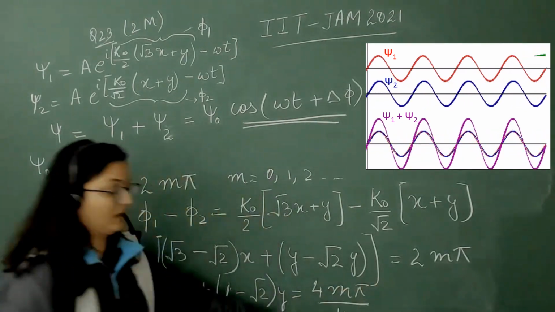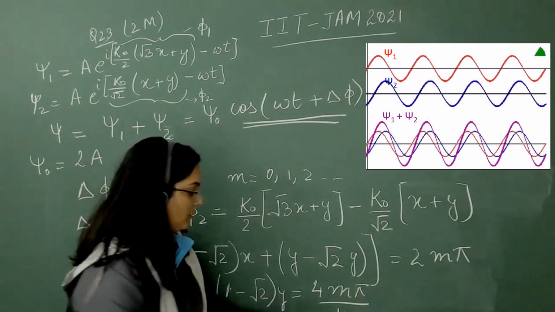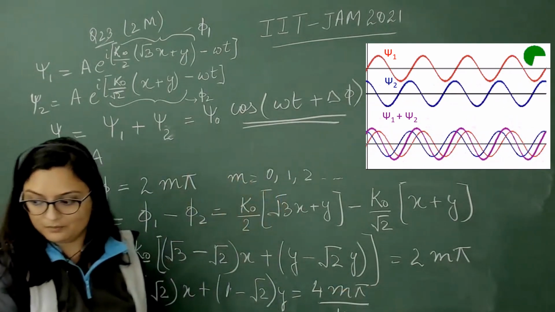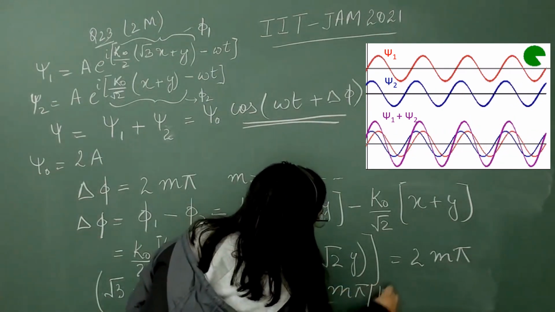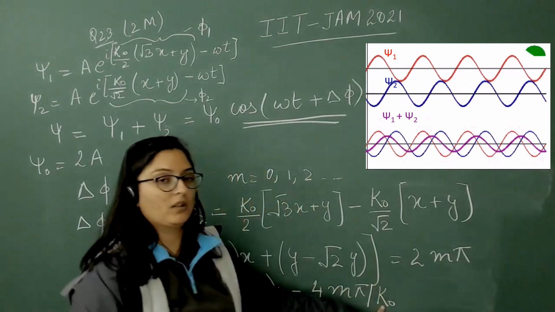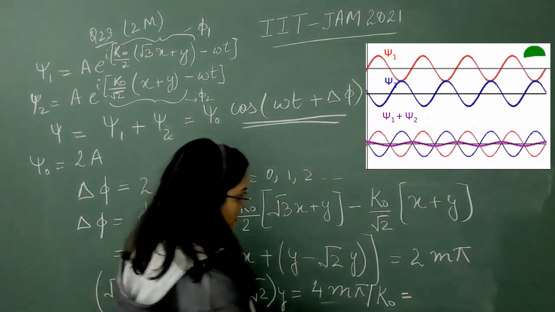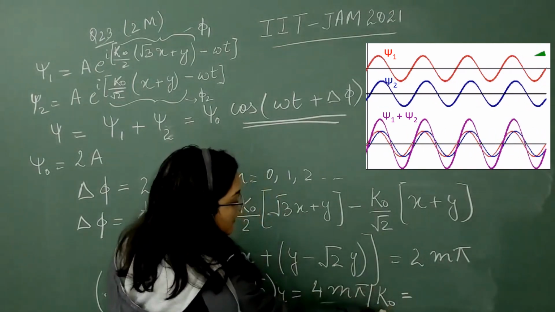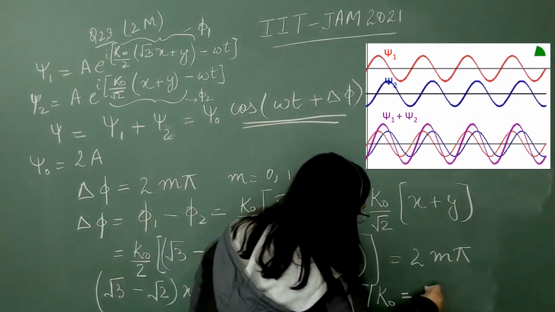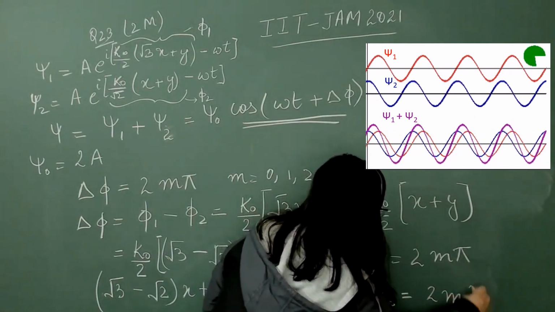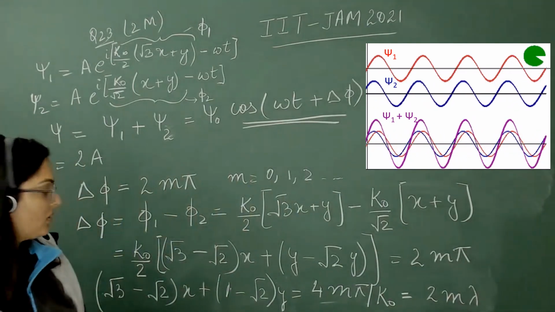upon k naught. This k naught is the wave vector, which can be written as 2 pi by lambda. So if we substitute the value of k naught over here, we'll get 2m lambda, which is the required solution.